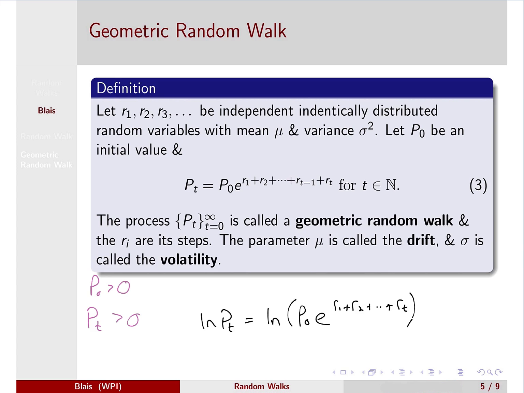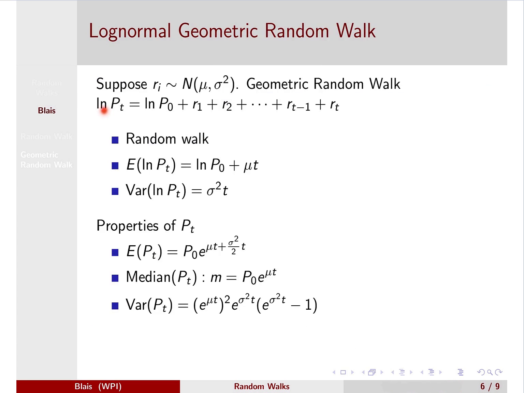And the properties of natural log mean this is the natural log of P naught plus the natural log of the exponential. And because the natural log and the exponential are inverses, they undo one another, and we're left with this expression here. So the natural log of P_t is the natural log of P naught, which again is a constant, plus the sum of these steps.